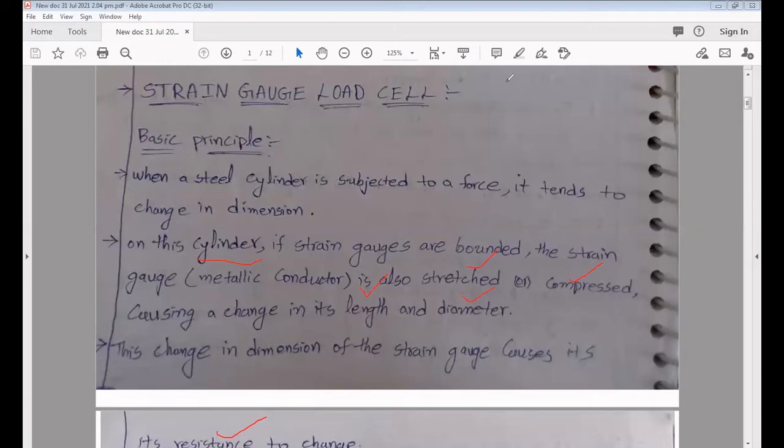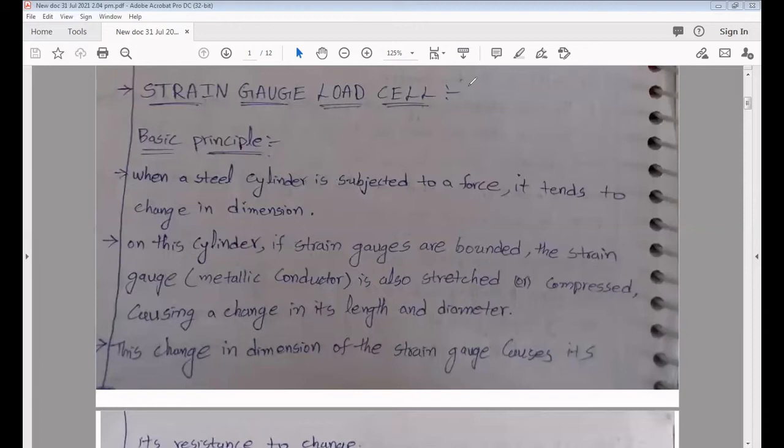So that is the basic principle: whenever we apply a force or compression on a cylinder, its dimensions and length change. Due to that change, the resistivity changes, and we measure that resistivity by using the Wheatstone bridge.